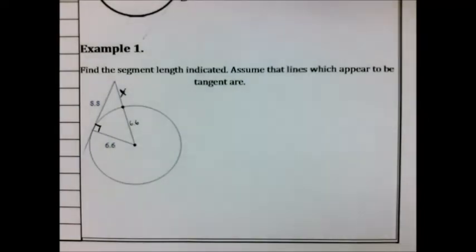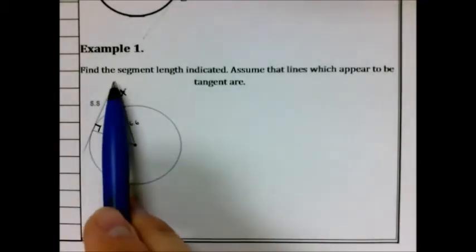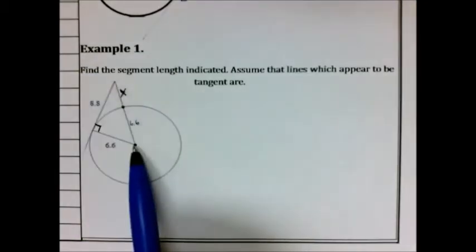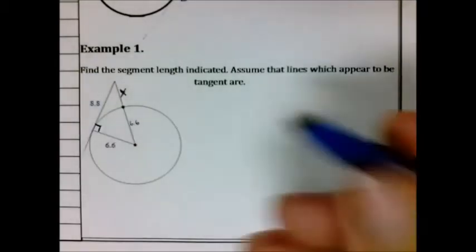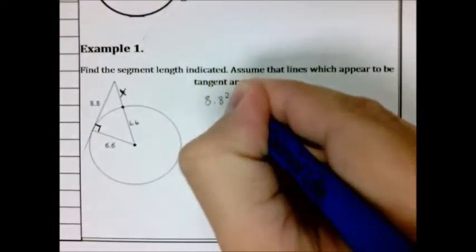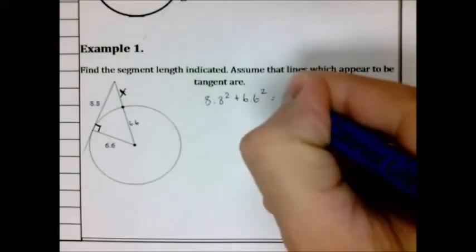Okay, so now let's go ahead and use what we know about Pythagorean theorem, okay, to be able to figure out what the distance is from this point right here all the way to the center of this circle. Okay, so we are going to have Pythagorean theorem, which says 8.8 squared plus 6.6 squared is going to equal RC squared.